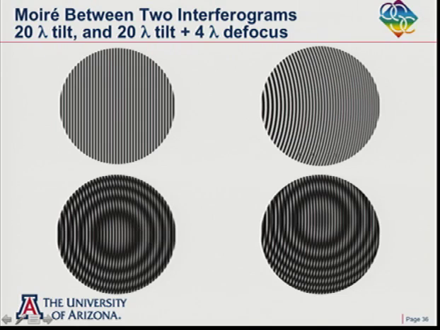This is now tilting one relative to the other, so that's like introducing a little tilt. Again, you can go back and go through the math and see that's the case. It's taking my spherical wave and introducing a little tilt, and the fringes look like that. Moving on.